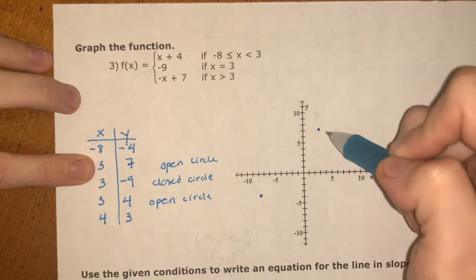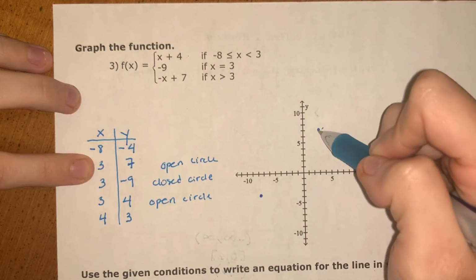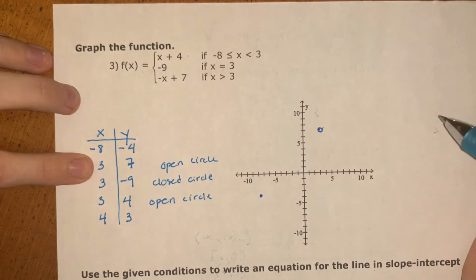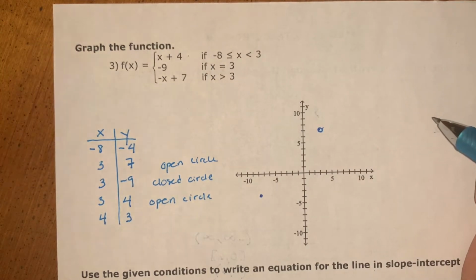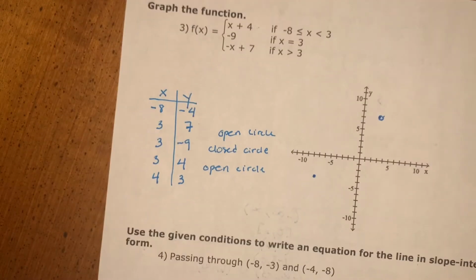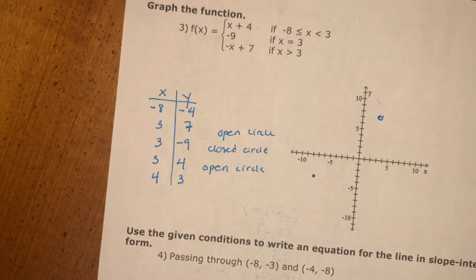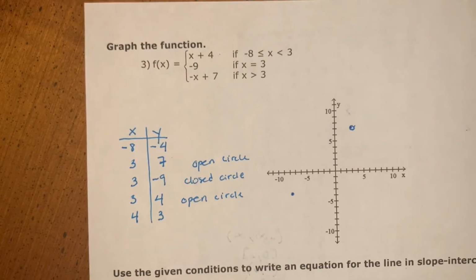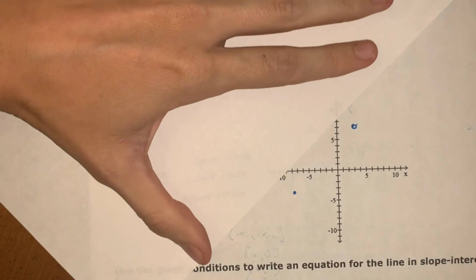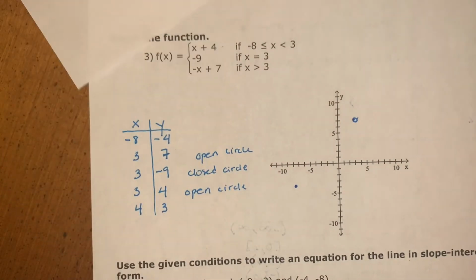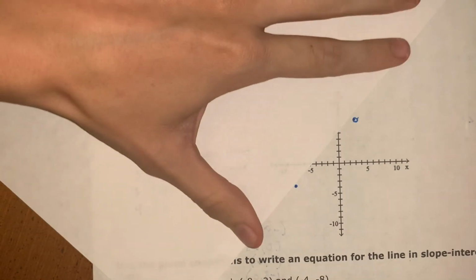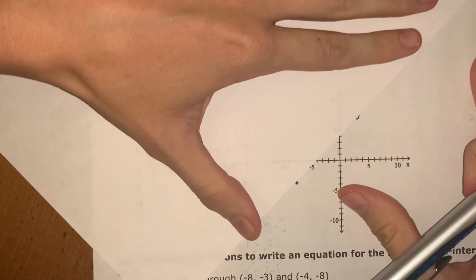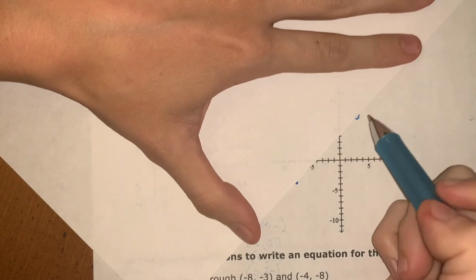And then I need to connect, but I need to make this an open circle, so don't do what I just did. All right, that's going to be an open circle, so I need to connect the dots here. I forgot my ruler, so hold on for a second. All right, so let's connect these dots. It's going to be my first line here. All right, so it's going to look something like this.